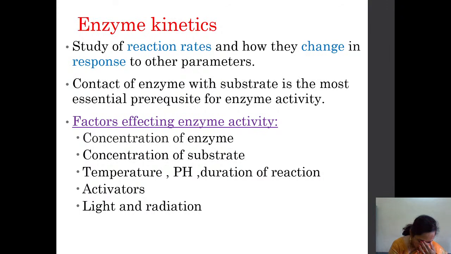Why are we talking about light and radiation? Because light and radiation can destroy the enzyme. Now we'll see in detail how each factor influences the activity of an enzyme.